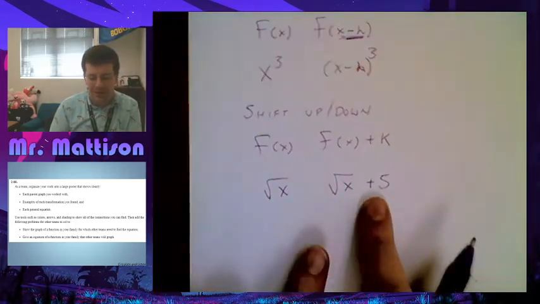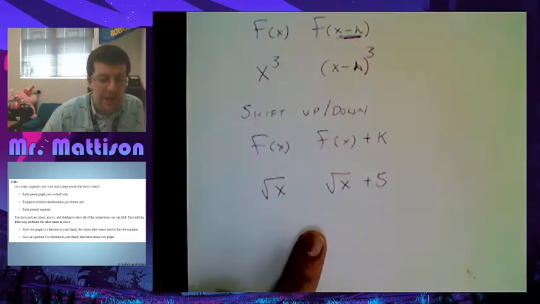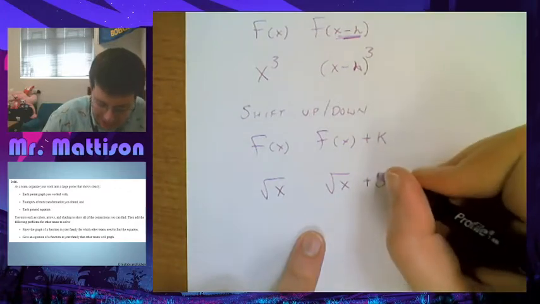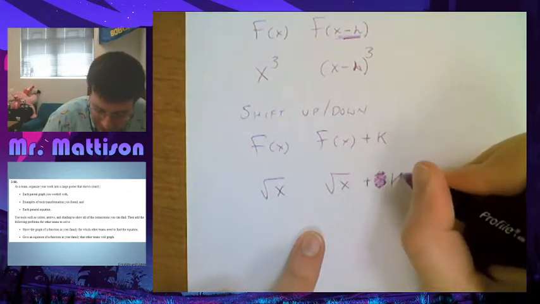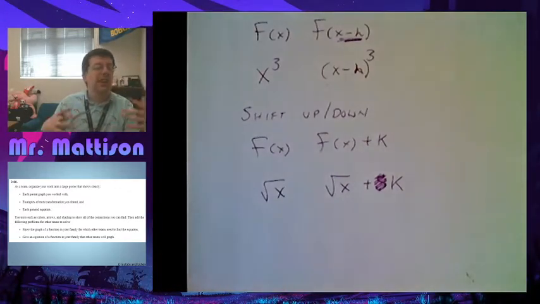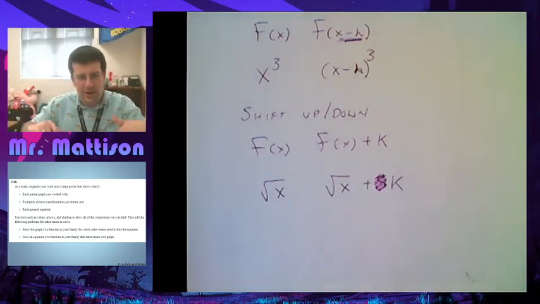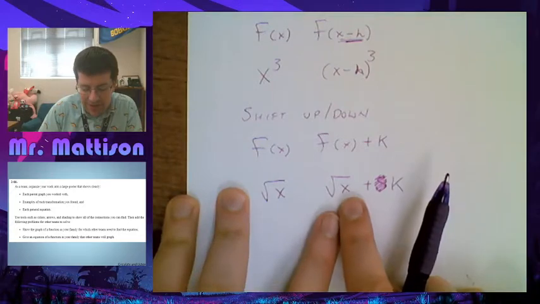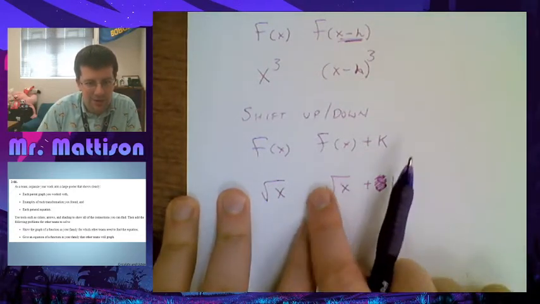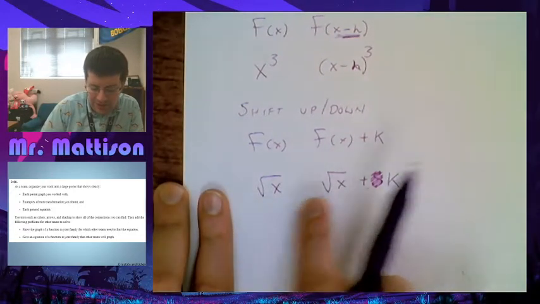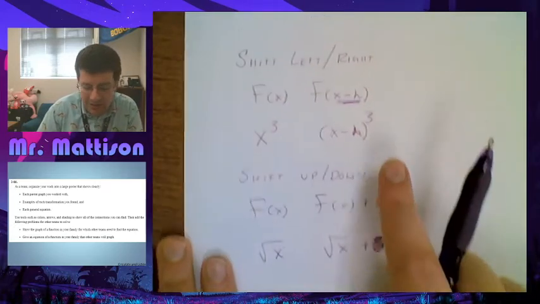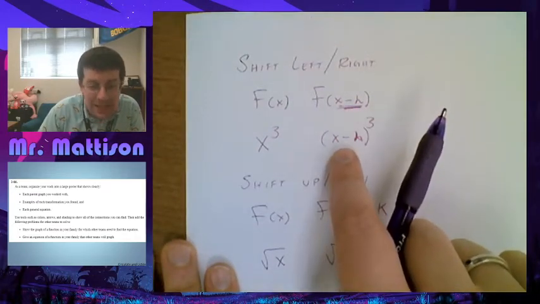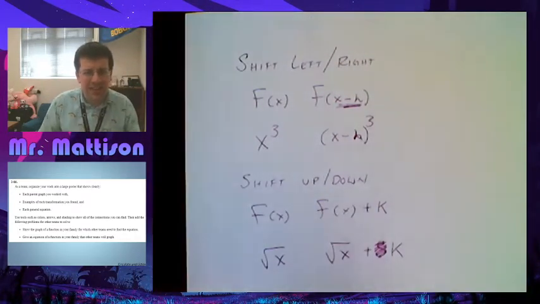That's going to shift it up 5 higher. Or just to be consistent, I'll write that as k. Whatever k is, I move up k or down k if k is negative. That's how I get those shifts, because I'm on the outside of the actual function. It's still the base function, I just tack it on to the outside of it. Whereas here, remember, I go inside, attached to that x, as close to the x as I can possibly get it.